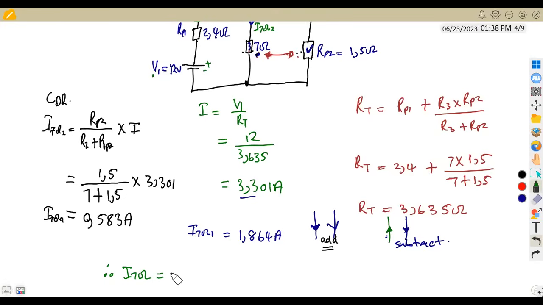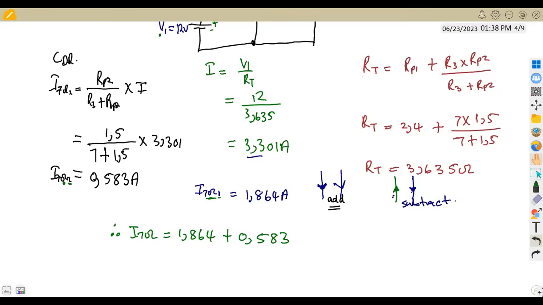So we're going to add the first current across the 7 ohm resistor, which is 1,864, plus the second current across the 7 ohm resistor that we calculated, which is 0,583. Since these are flowing in the same direction from different circuits, they've got the same direction.